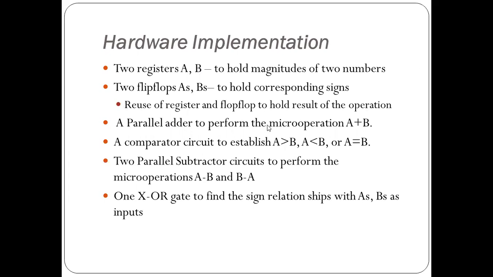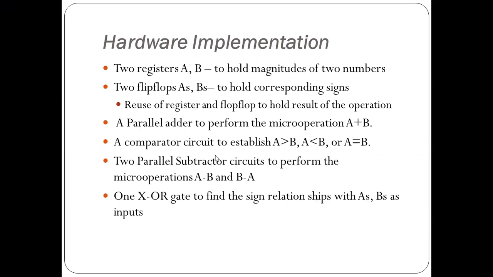A parallel adder I require to perform the micro operation A plus B. I'm using a comparator circuit to establish the relation between the magnitudes: A greater than B, A less than B, or A equal to B. Two parallel subtractor circuits I require to perform the micro operations A minus B and B minus A. One XOR gate to find the relationship between the signs AS and BS.